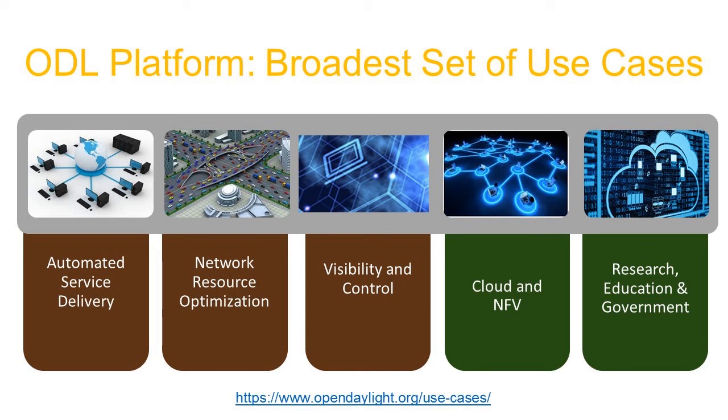The canonical example would be something like AT&T using OpenDaylight to deliver bandwidth on demand services, which they currently do. It's a way for them to offer a new service, which is bandwidth on demand, and offer a self-service portal where users can click and order additional bandwidth as they need it.